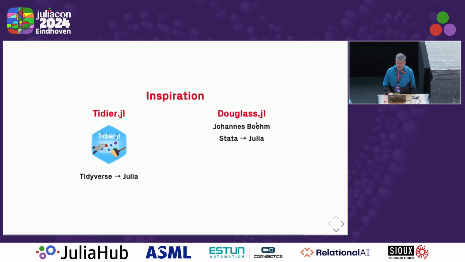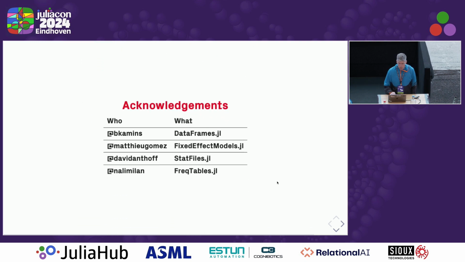Johannes Böhm has a similar package, working with almost the same data code in Julia, taking a different route than we are. And here are all the packages that we are relying on right now. Of course, we're going to keep adding more when we add more functionality.